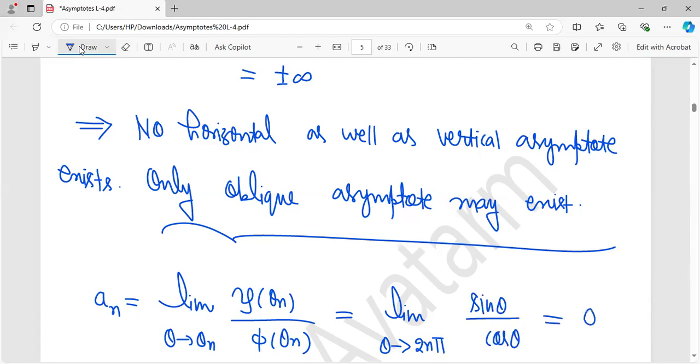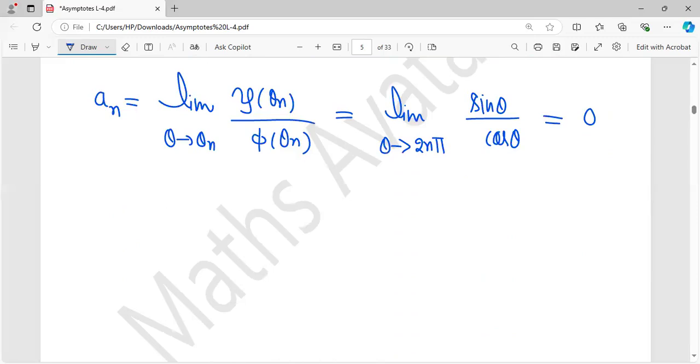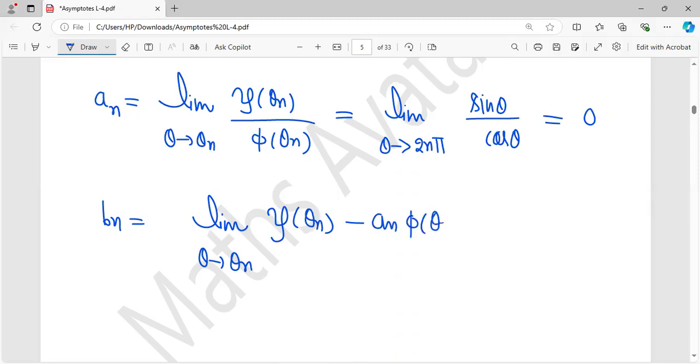So this is actually 0. And what is b? The limit as theta tends to theta n of psi theta minus a n times phi theta.